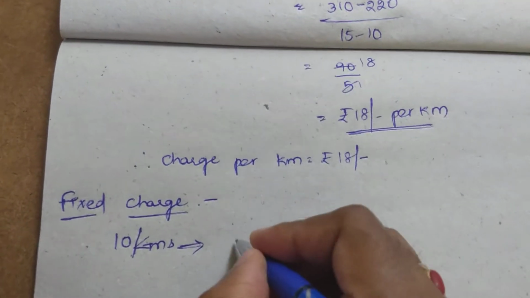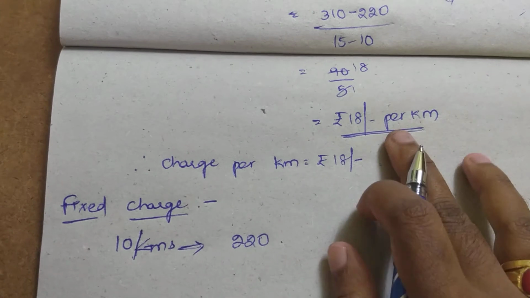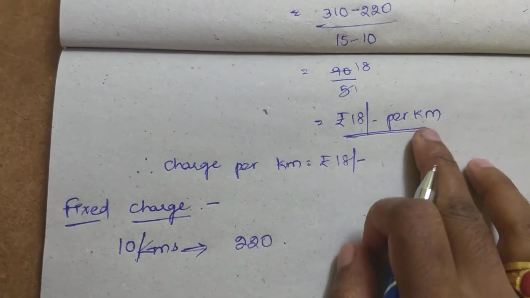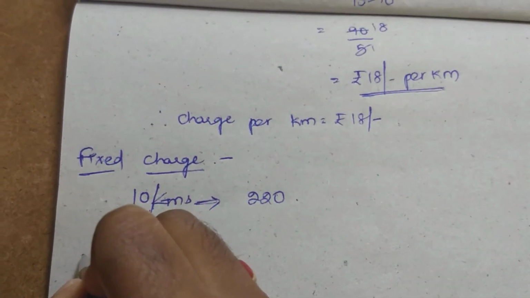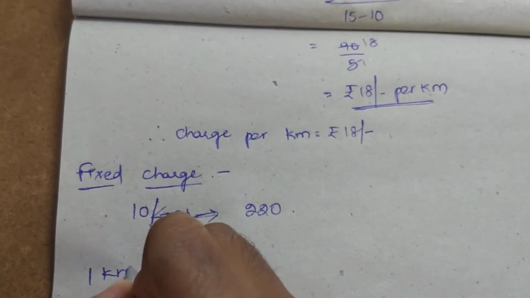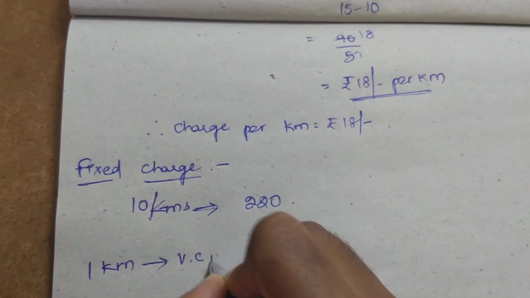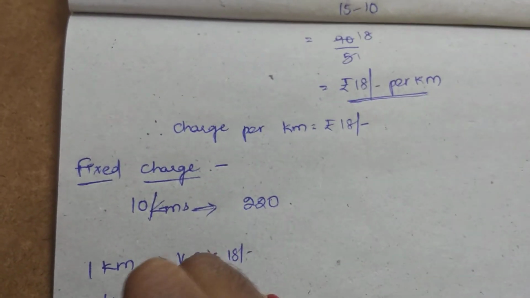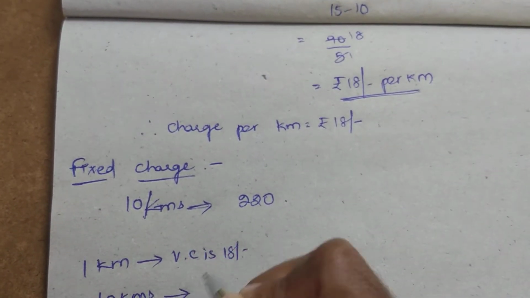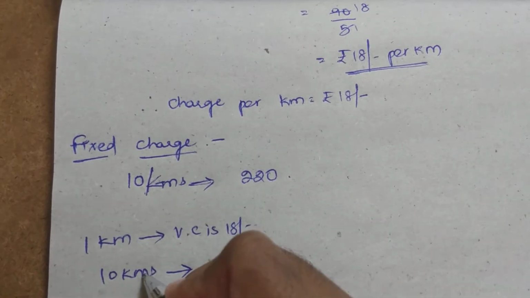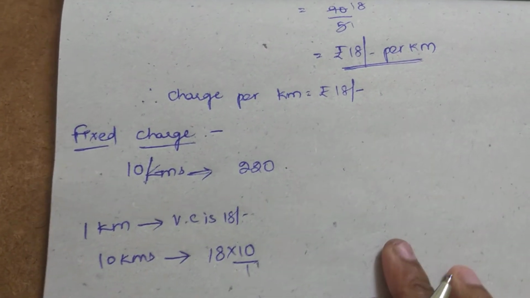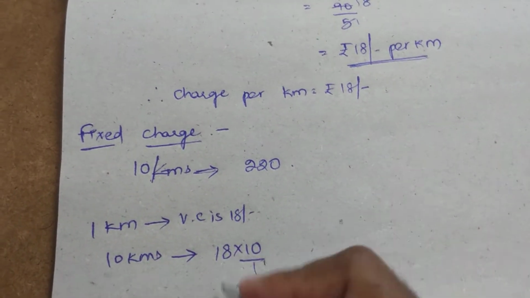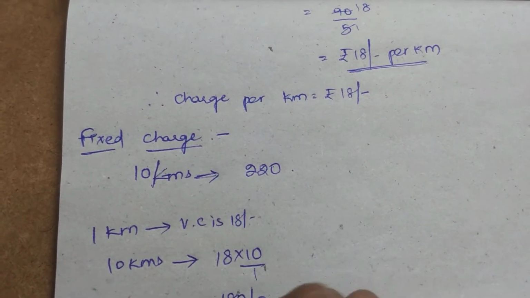Here we have found out the variable cost: for 1 kilometer, variable cost is 18 rupees. For 10 kilometers, how much does it become? It becomes 18 into 10 by 1. We have learned cross multiplication in our earlier classes like class 2 or class 3. So it becomes 180 rupees.